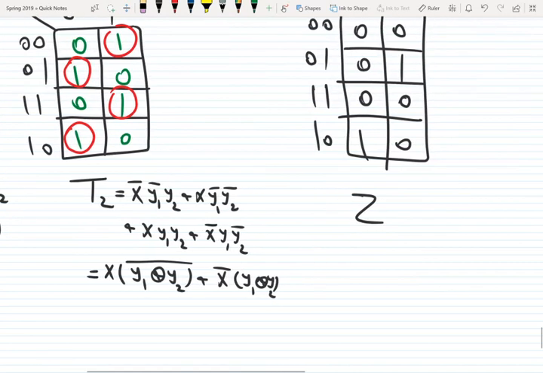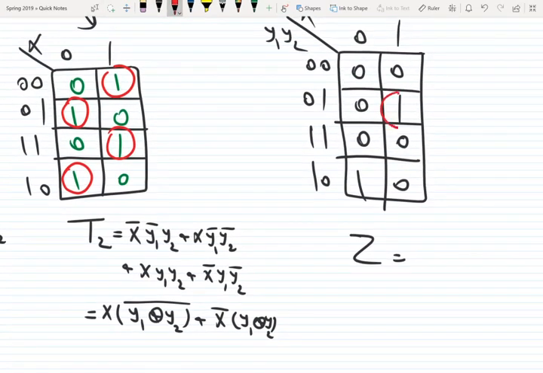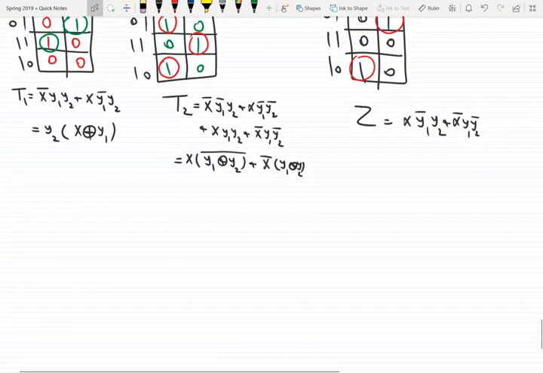What about Z? Also the same problem for Z. There is absolutely no way to combine these ones together. So Z is x y1 bar y2 plus x bar y1 y2 bar. Okay, so we have these four equations, and we need to implement the circuit.